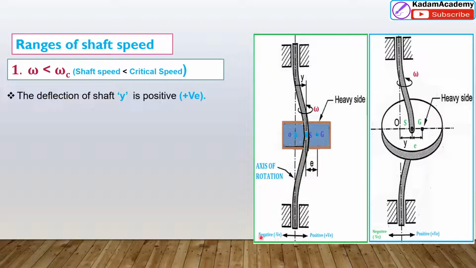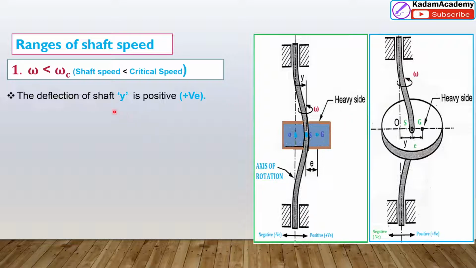This is the negative side, and this is the positive side. This is the front view, and this is the top view, just for a clear view. To clear your doubt, we have shown it in this diagram. So this is the axis of rotation, and this is S and G. Similarly, in this diagram, the distance y is shown here, and the eccentricity distance e is shown here. It will rotate at an angular speed omega.